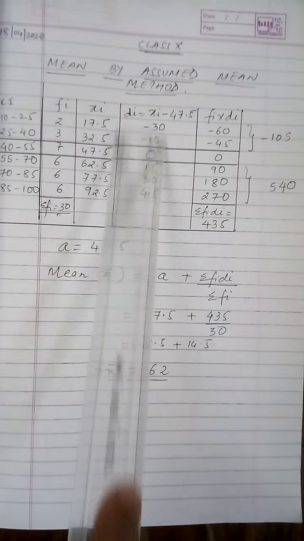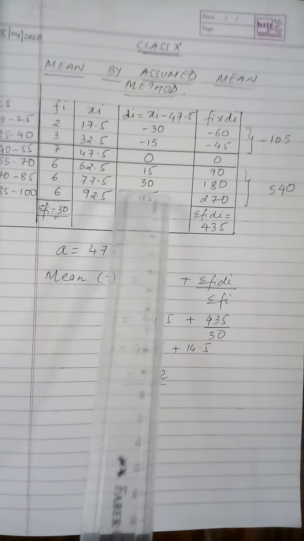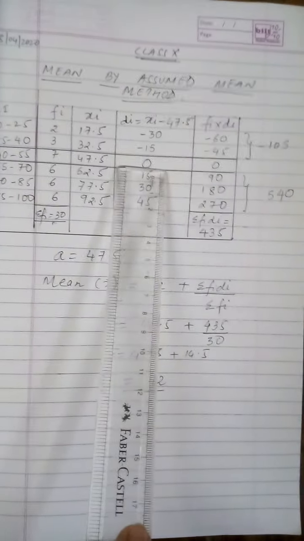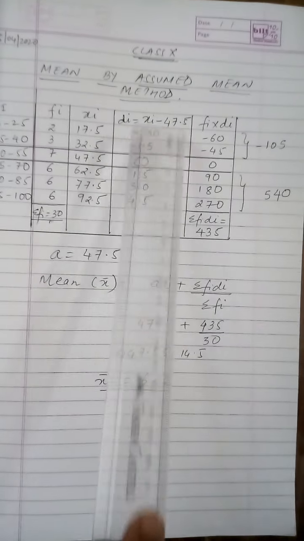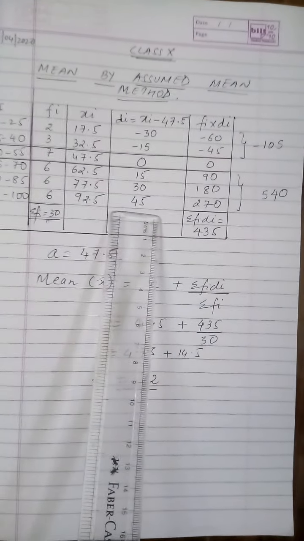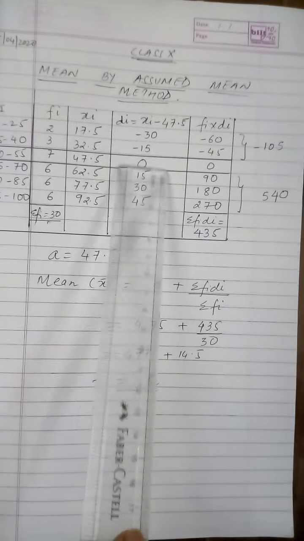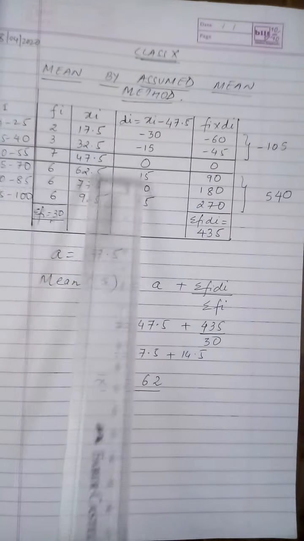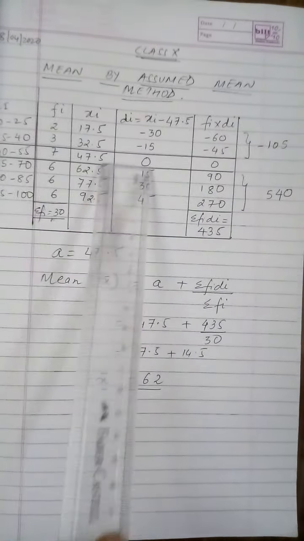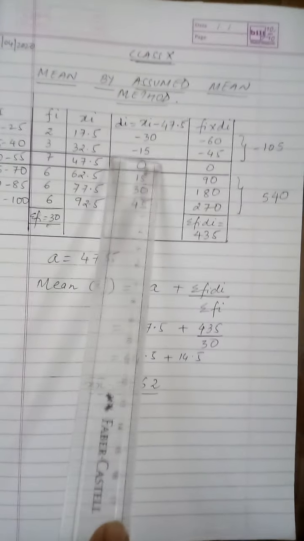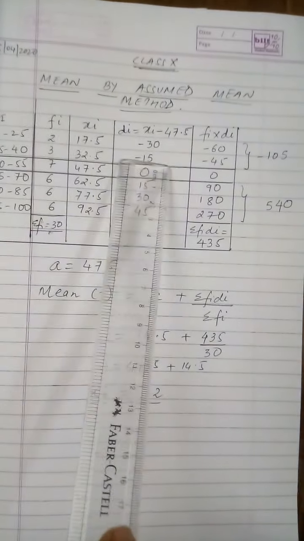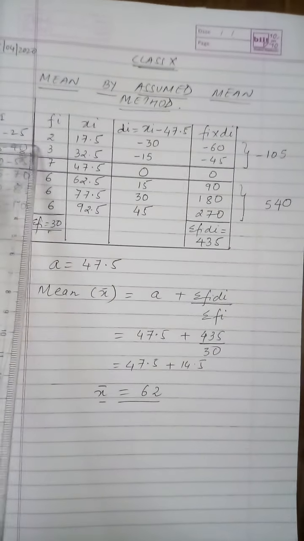Now if you observe this column of di, what have I got? In the center I have got 0, above 0 I have got negative values and below 0 I have got positive values. Again if you observe, above 0 I have got 15 and 30 and the same way below 0 I have got 15, 30 and 45. Now the difference between these values is exactly the class size.